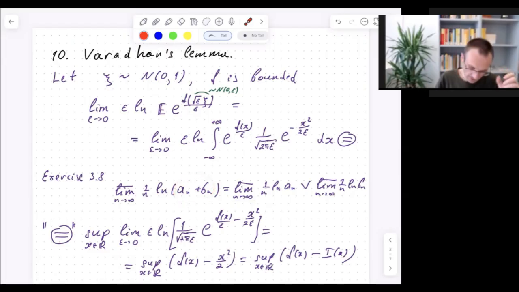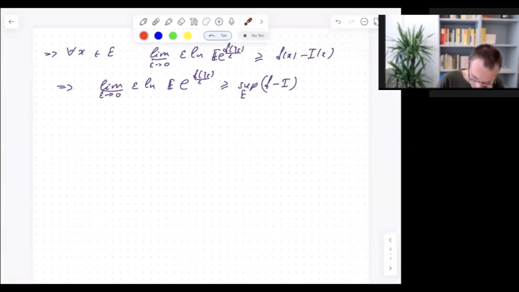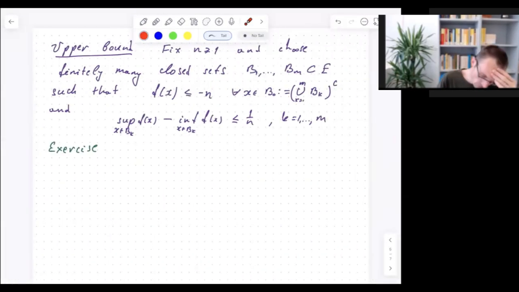And then we will show that the result which we obtain is not far away from the supremum which we have here. Actually, that is our goal in choosing this family of closed sets. Okay, then let's write the estimate.